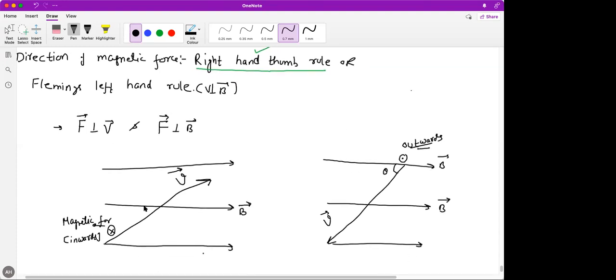But this is for a positively charged particle, and this is again for a positively charged particle. Instead of a positively charged particle, if you have a negatively charged particle, then for the direction of force, you will use right hand thumb rule. But whatever the direction you will get from right hand thumb rule, you will reverse it.